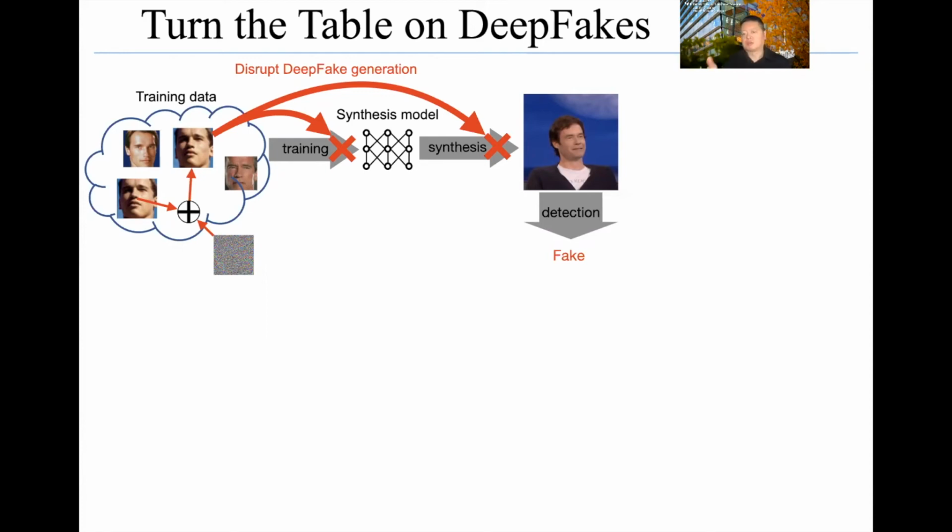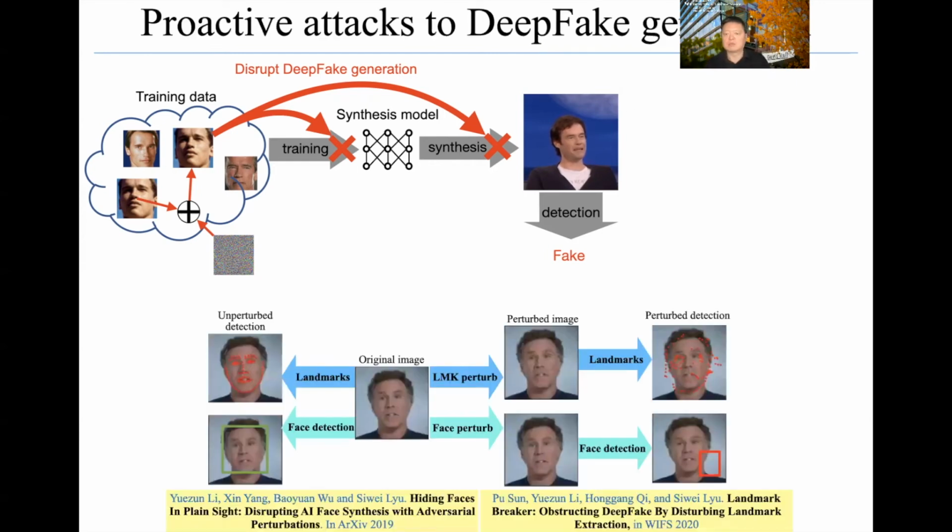Particularly, we can imagine taking advantage of the recent development in adversarial machine learning by embedding perturbations into the training data set. Those contaminated training data sets will lead to failures of the training process or the generation process of deepfake models. So one such idea has been explored in two of our recent works.